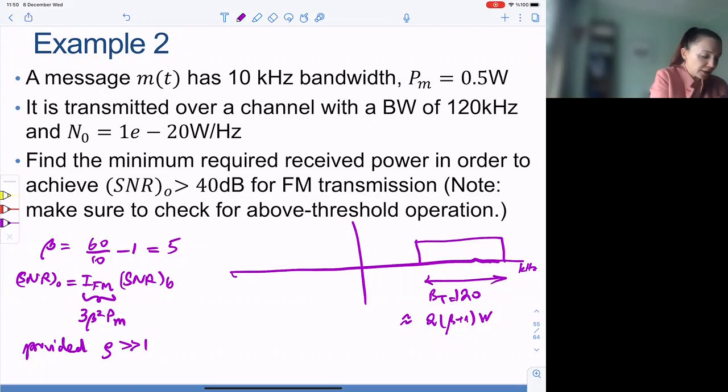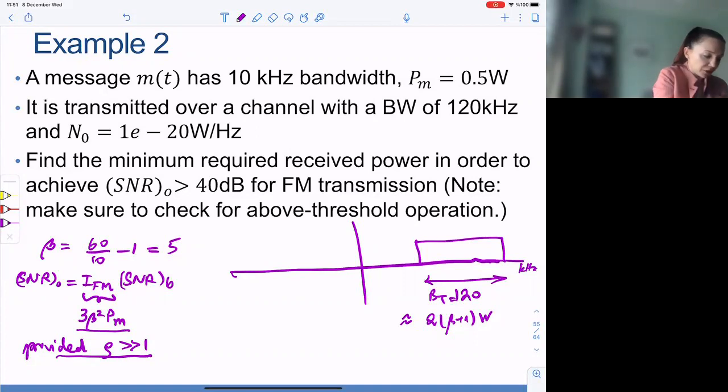Now, provided that this is satisfied, which we have to check, then essentially the figure of merit is given to us, right? 5 squared times 3 times 0.5. That is 37.5.